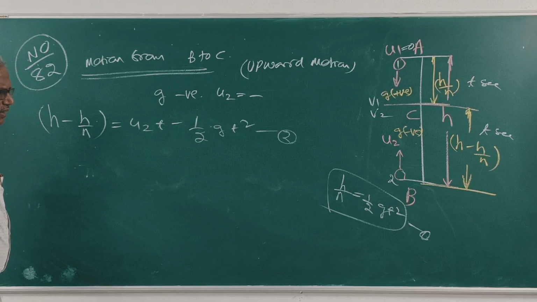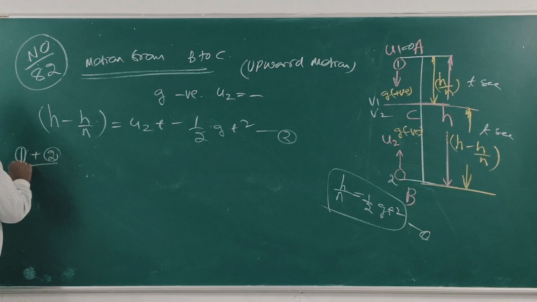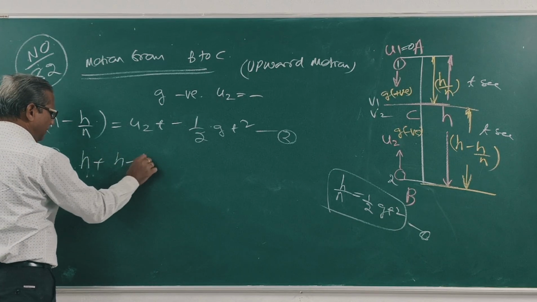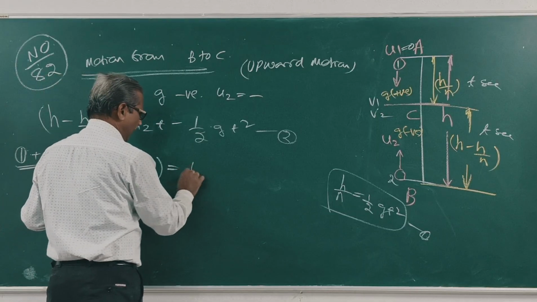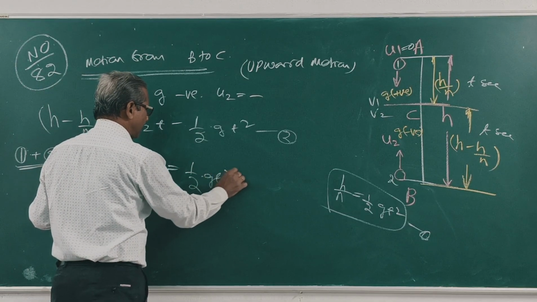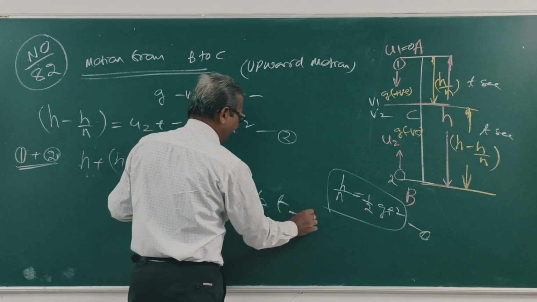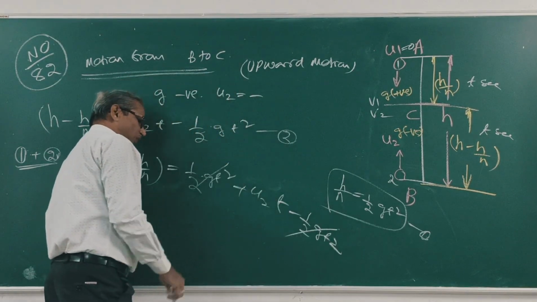Right? Now add 1 plus 2. H1 plus h minus h1 is equal to half g t square plus u2 t minus half g t square. Half g t square and half g t square cancel out.